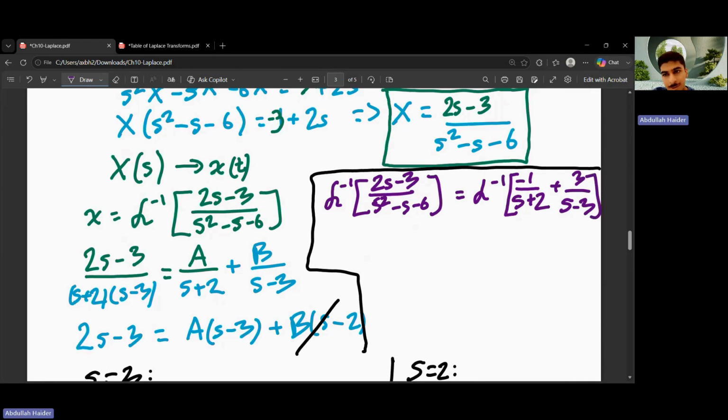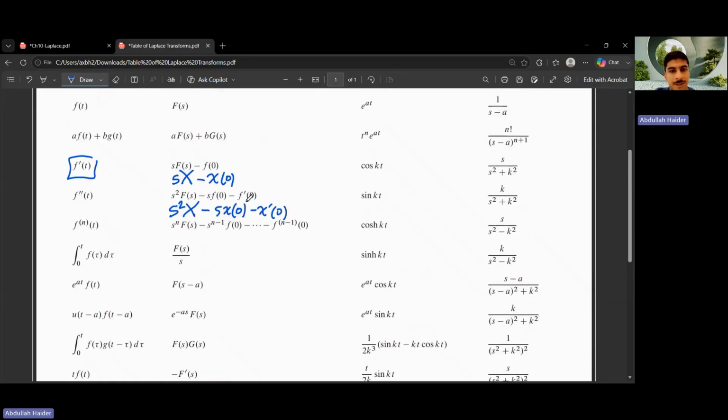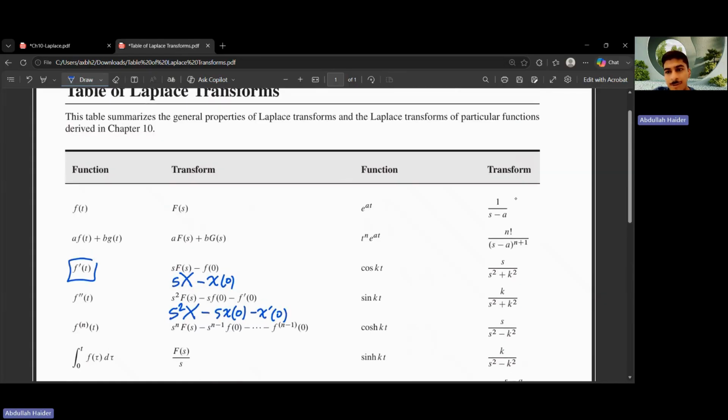So now you're dealing with something which has 1 over s plus 2 or 1 over s minus something. You go here, you look for something relevant to 1 over s minus a, and you'll realize that you can use this again.